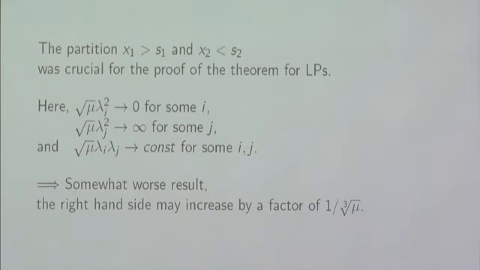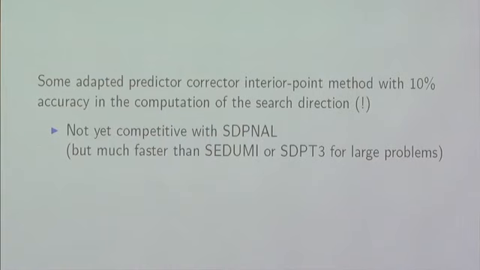So this partition is no longer possible, and actually we have a systematic increase in the right-hand side by 1 over cube root of mu or 1 over square root of mu, depending on how you formulate this. So the result is slightly worse, but nevertheless, it dramatically reduces the norm of the right-hand side compared to any other pivoting strategy we have.